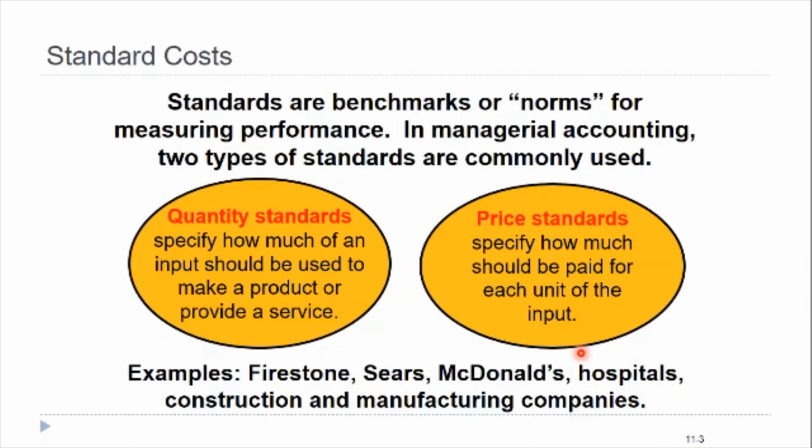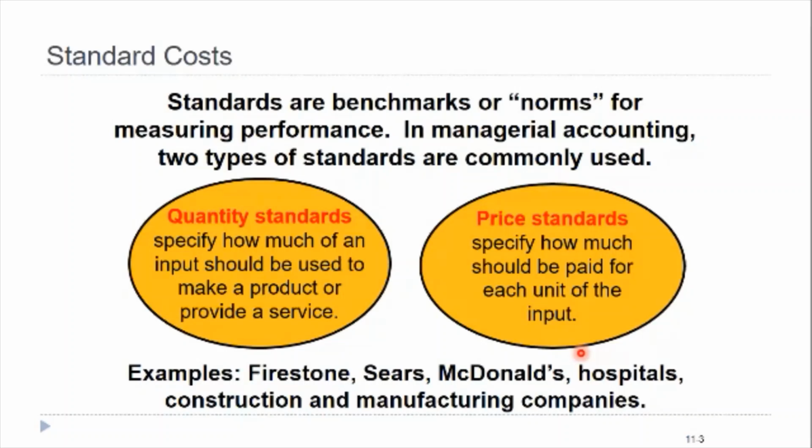Quantity standards would specify how much of an input should be used to make a product or provide a service. Management does these specifications, and they will determine how much material, labor, and overhead should go into producing a product or service.